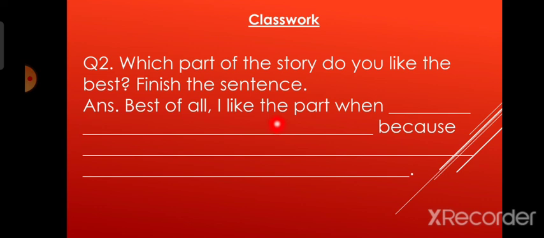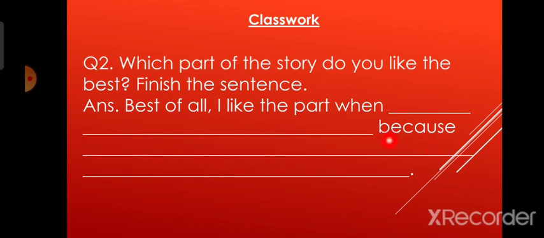You will complete your answer by adding the best part of the story here. After writing the best part of the story, you will write the reason why you like this part of the story. Okay? For example, if you write in this way, best of all, I like the part when they were having a party.